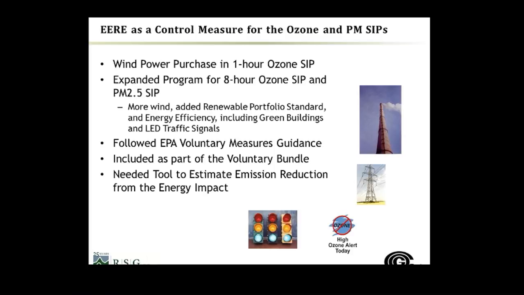Subsequent to that effort, when our SIP for the 8-hour ozone NAAQS was developed, the EERE component was actually expanded. Local governments offered up significantly more wind purchases. We also tried to include the renewable portfolio standard and several energy efficiency measures, including conversion to LED traffic signals in the District.